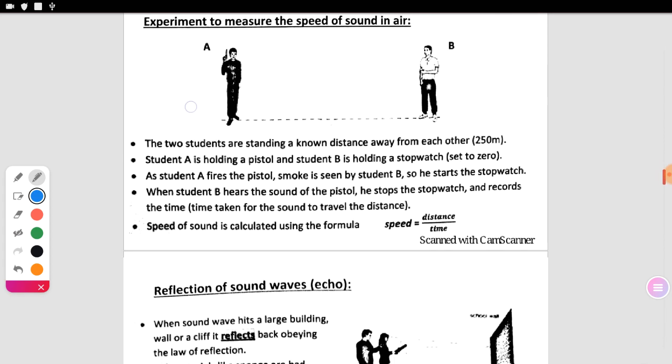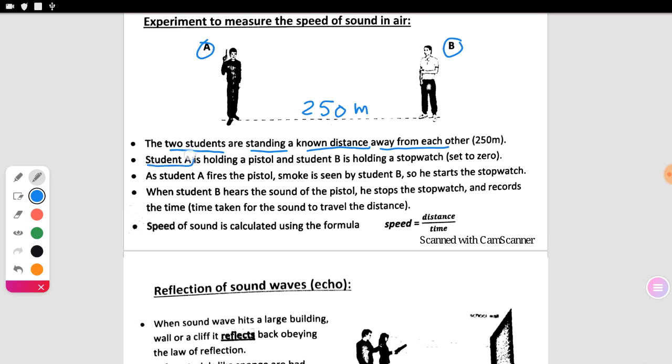This is an experiment to determine the speed of sound in air. We have two students standing, the first A and the second B, at a known distance away from each other, like 250 meters.